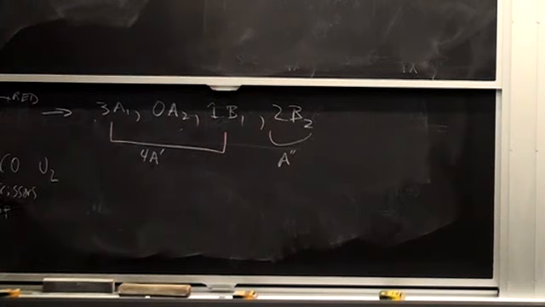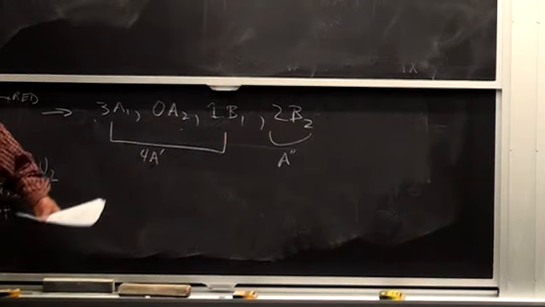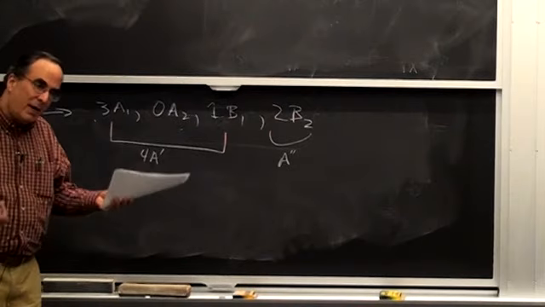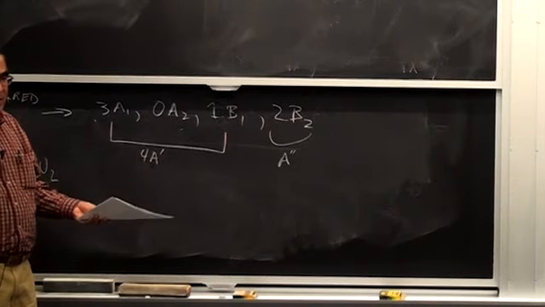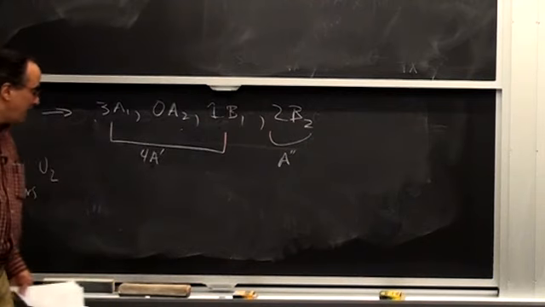And let's see, did I get them all? I did. The symmetric CH stretch is seldom active in almost any molecule electronic transition, but it could be weakly active, especially if the CH bond gets a little strengthened by interaction with the antibonding pi star orbital.